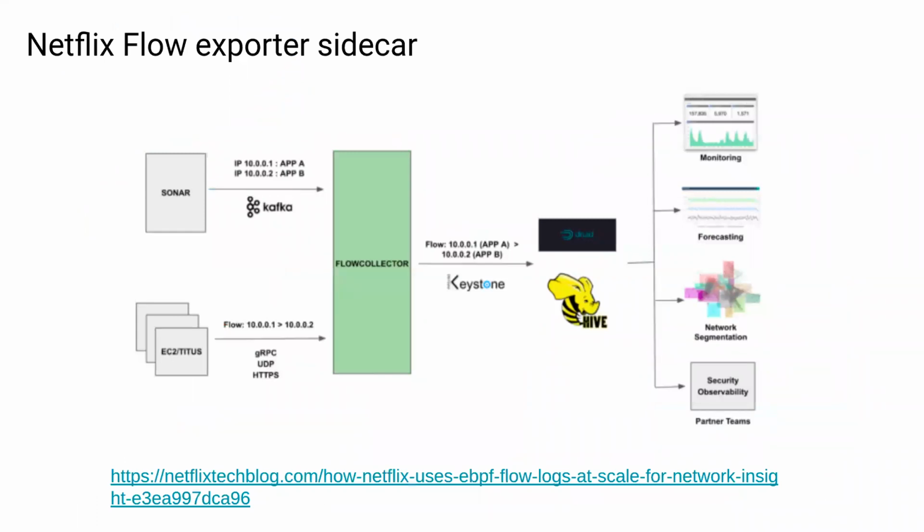And one very advanced example is the Netflix network flow exporter sidecar. You can go and check out this blog. Essentially, there are so many microservices running in Netflix, and it became very hard to visualize the network traffic, where it is going, and how to monitor it. So they created a simple sidecar called network flow exporter.